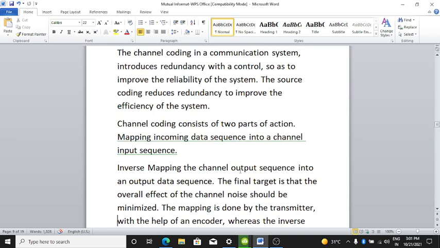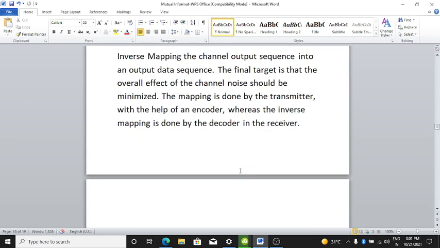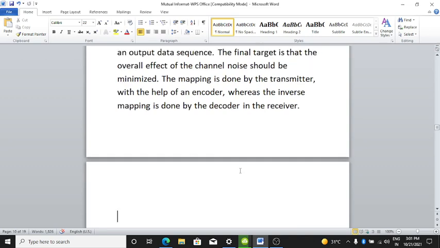The final target is that the overall effect of the channel noise should be minimized. The mapping is done by the transmitter with the help of an encoder, whereas the inverse mapping is done by the decoder in the receiver.